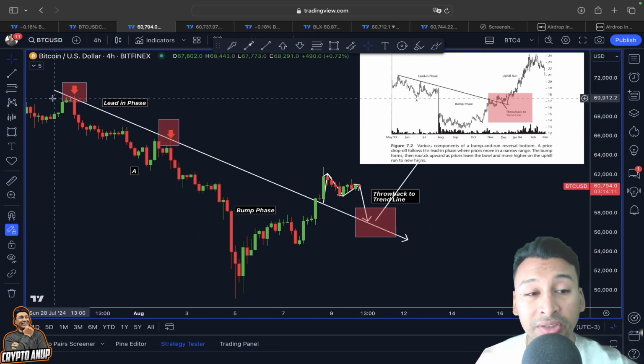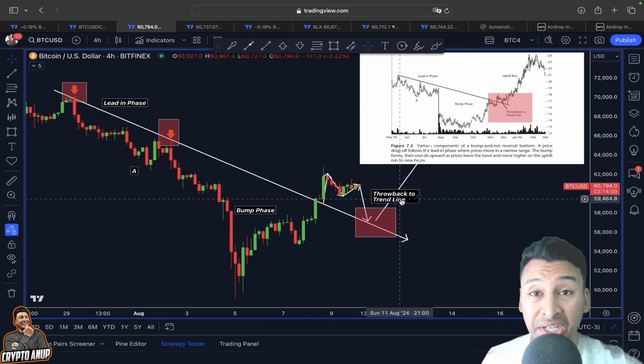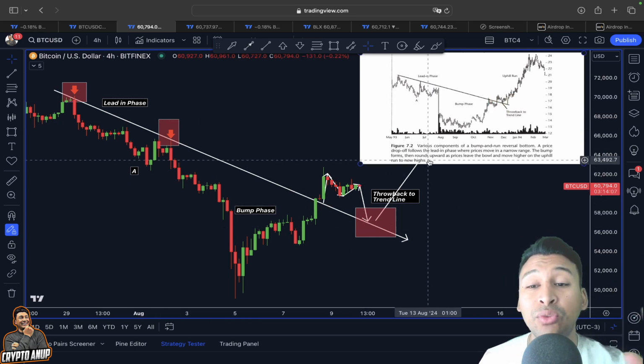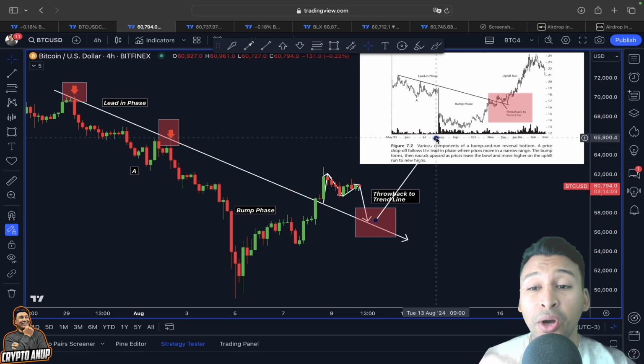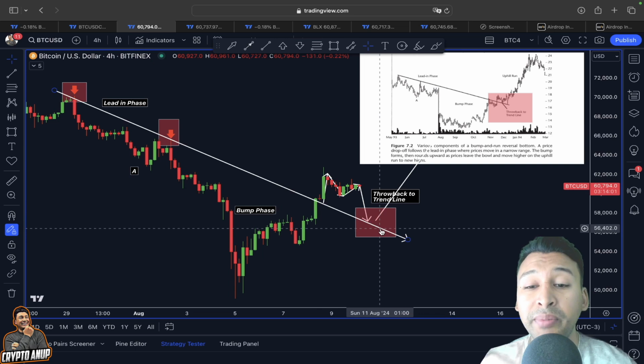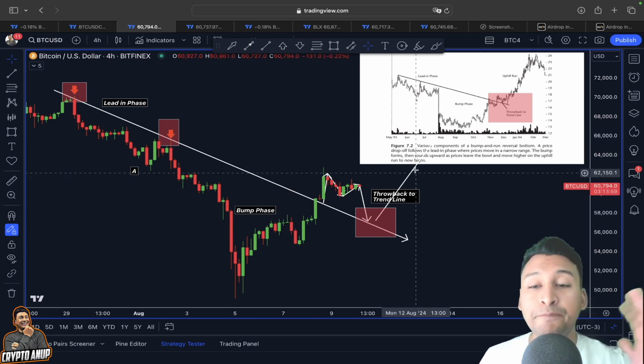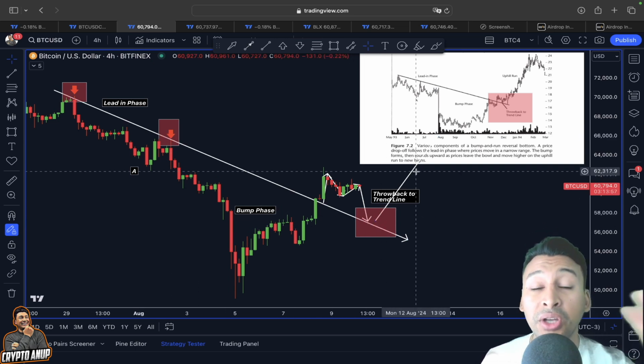So you can see this falling trend line could be attracting us, but it doesn't mean that we are bearish. According to this bump and run reversal bottom, it could be just a temporary pullback towards this falling trend line before looking for another opportunity.